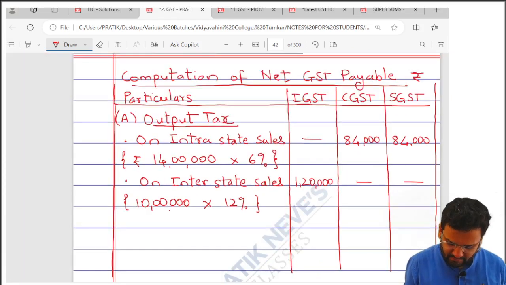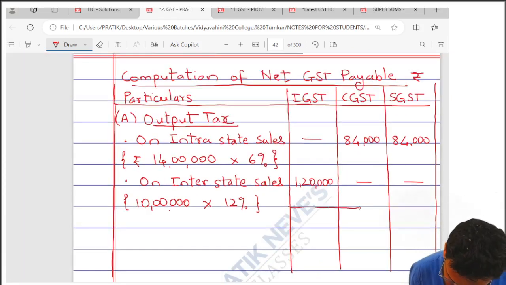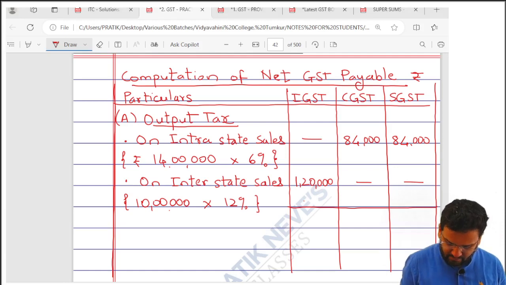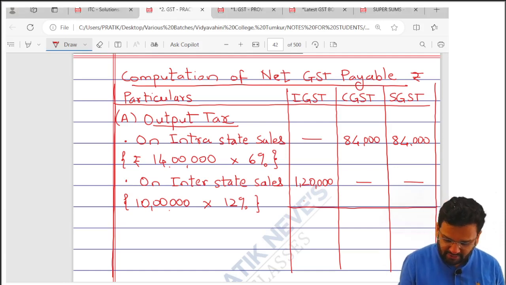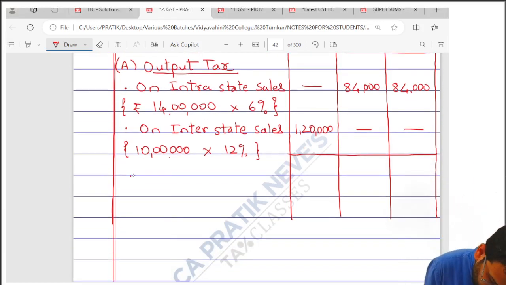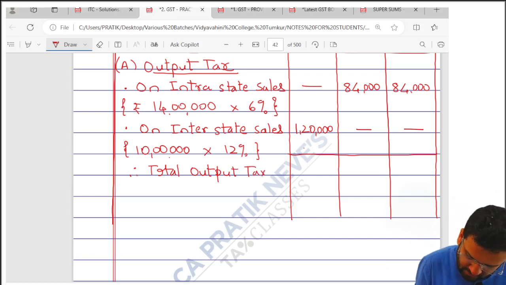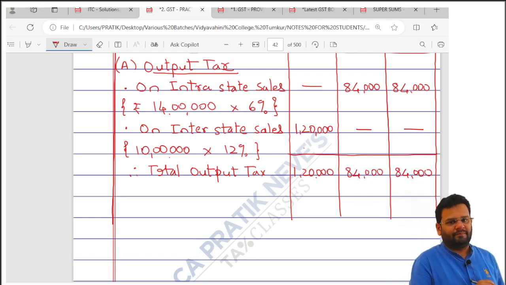Did you get it? So can you tell me what is therefore total output tax? Total output tax is 1,20,000, 84,000, 84,000. Clear? Now what to do?